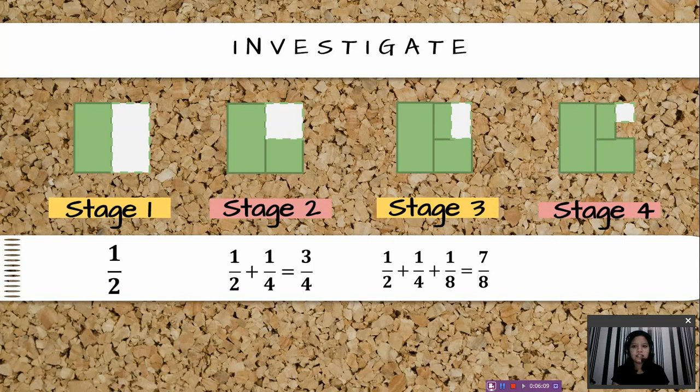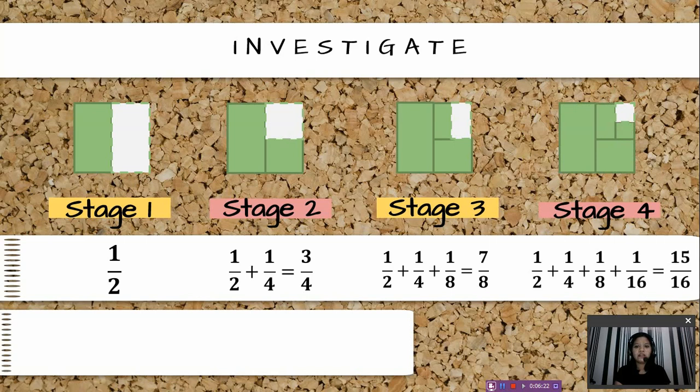Lastly, let us do the same process and lay it down as if rebuilding the original piece of paper. What do we get? 1/2 plus 1/4 plus 1/8 plus 1/16. That is a total of 15 over 16.